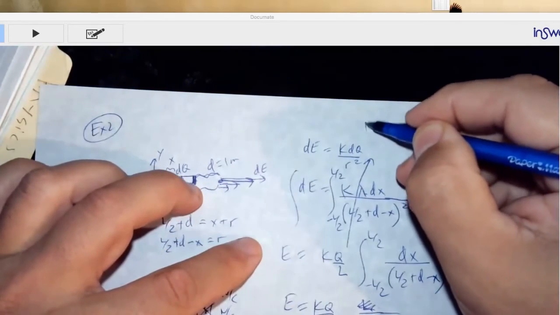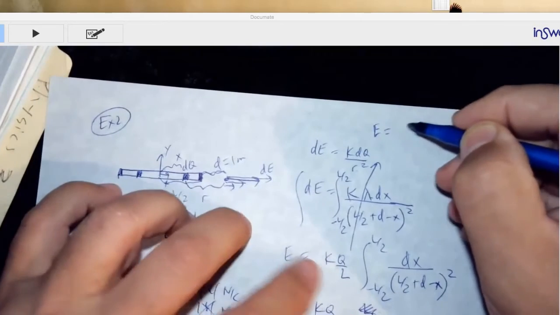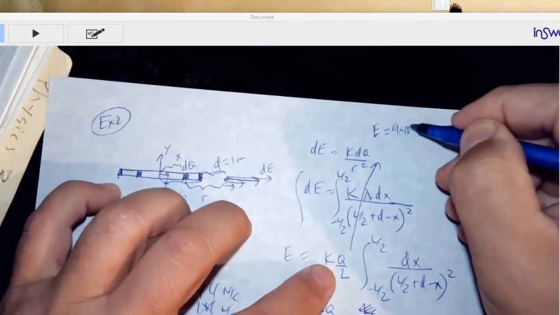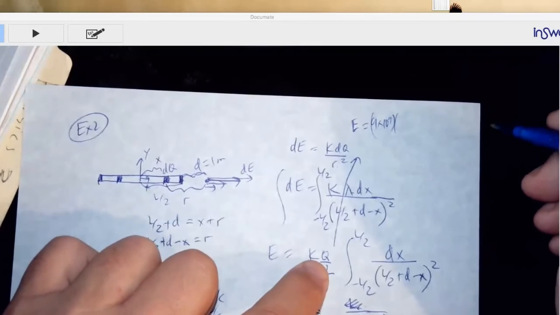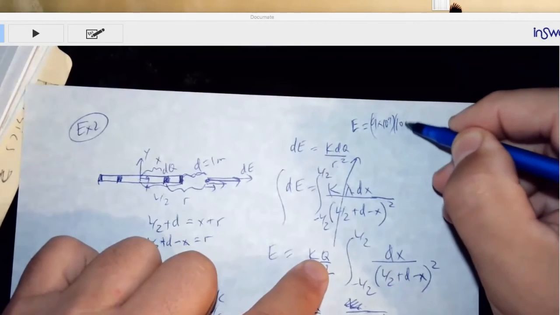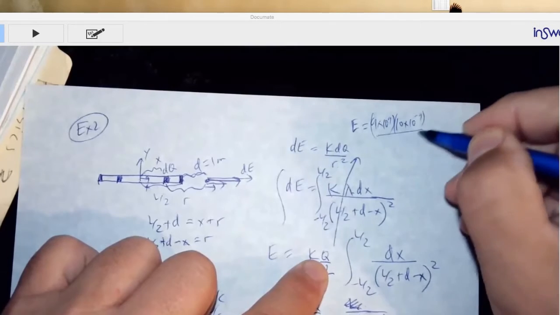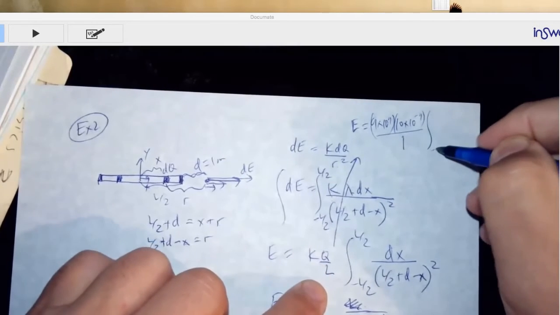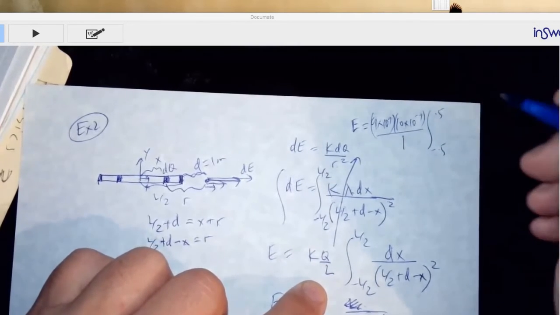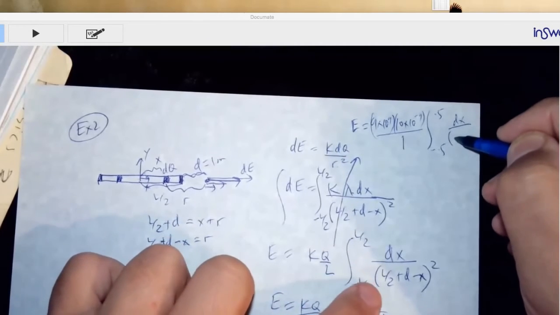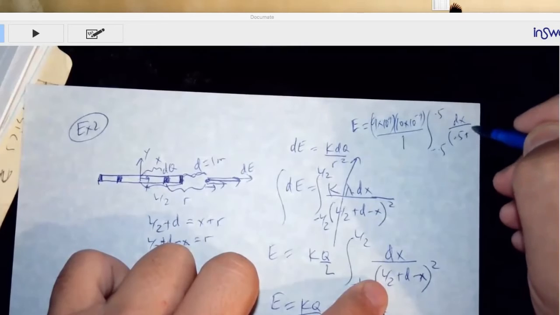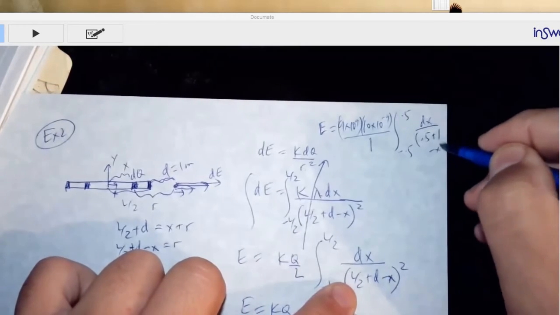Okay, then the E field would be 9 times 10 to the 9th, and then the Q would be 10 times 10 to the minus 9, over 1 meter. Now go from minus a half to a half of dx over (half plus 1 minus x) squared.